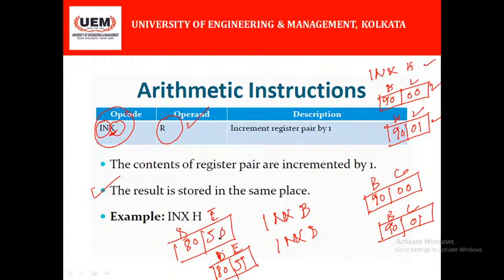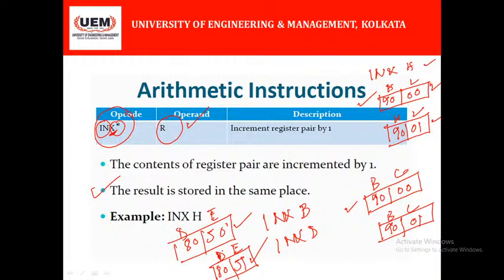Before the operation, the source data is stored in the D register pair. After the operation, the destination data will be transmitted into the D register pair as well. So the same applies for the BC and HL register pairs.